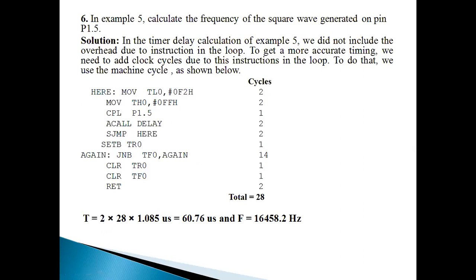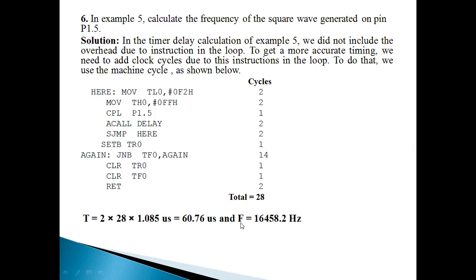So 2 into the total of cycles, 28, into the machine cycle value, which is 1.085 microseconds. So we got 60.76 microseconds as the time period. We know that time period equals 1 divided by f, where f is the frequency.